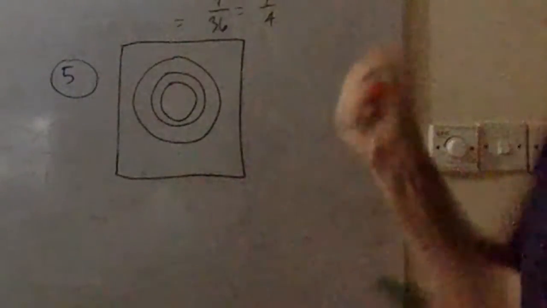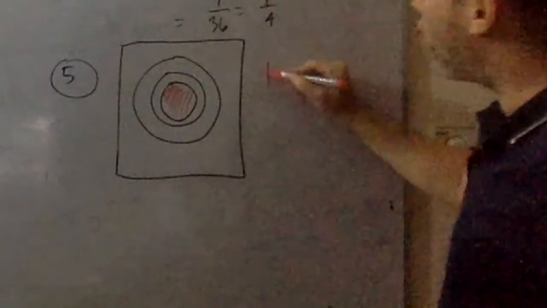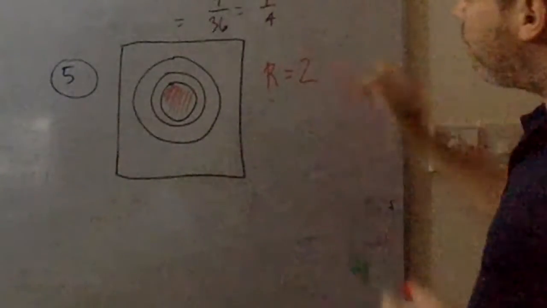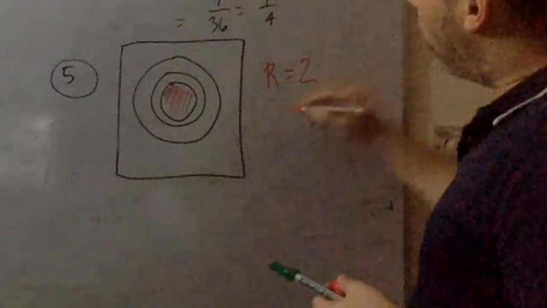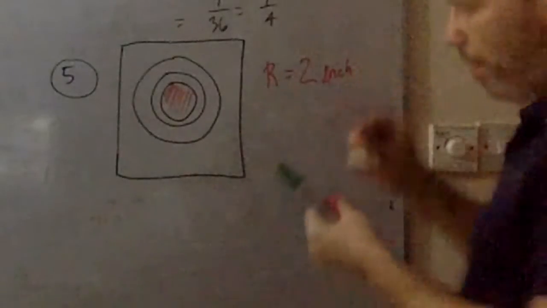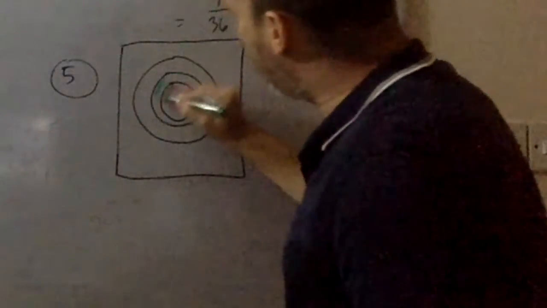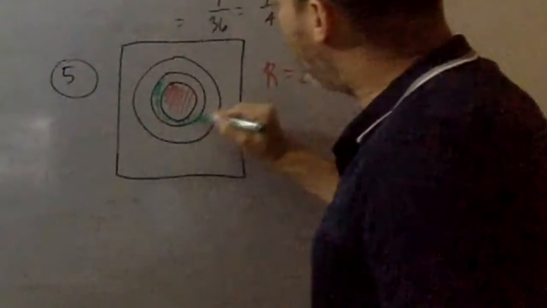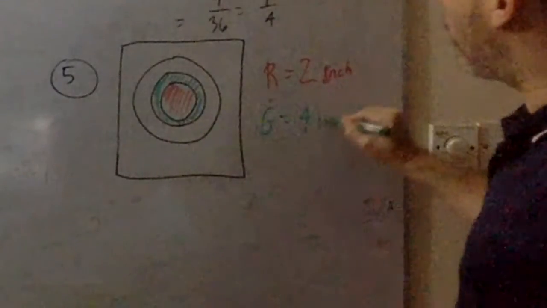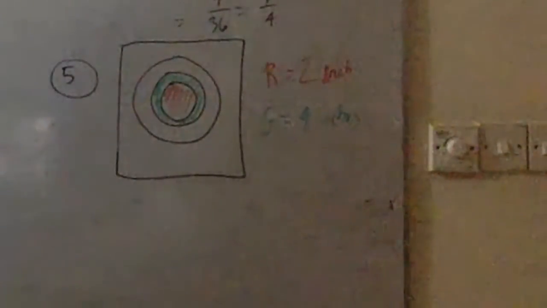So the target in the center is going to be red, and the red has a radius of 2 feet. Well, not feet. Let's just call it 2 units. So we'll call it 2 centimeters, 2 inches. Then we have the green circle surrounding it. The green circle has a radius of 4 inches. And then I'm going to get my blue pen.